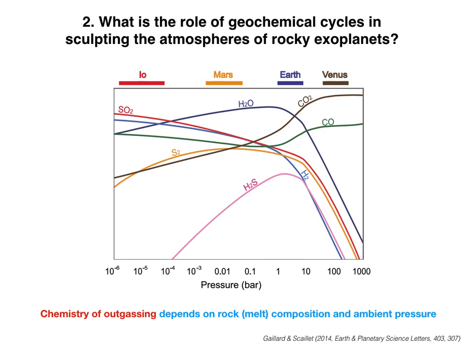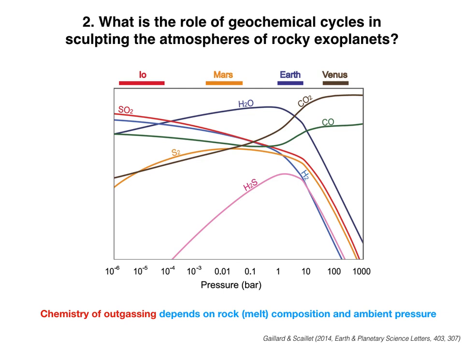This would then determine, for example, if one is in the regime of Earth, where one outgasses mostly water and carbon dioxide, or in the regime of Venus, where one predominantly outgasses CO2 with not much water, or in the regime of Io, where SO2, sulfur dioxide, is the prominent species being outgassed.